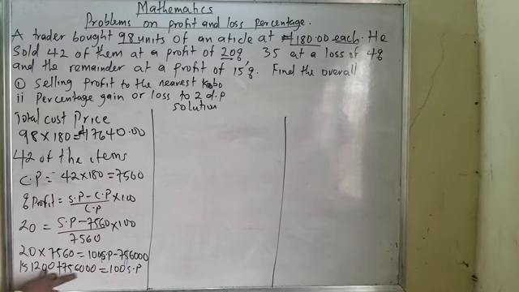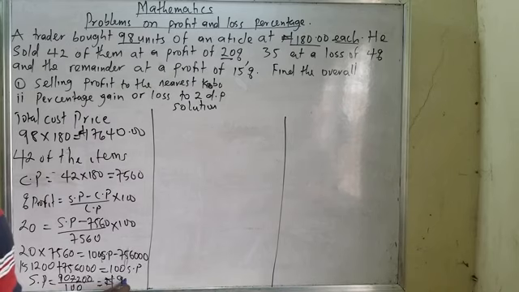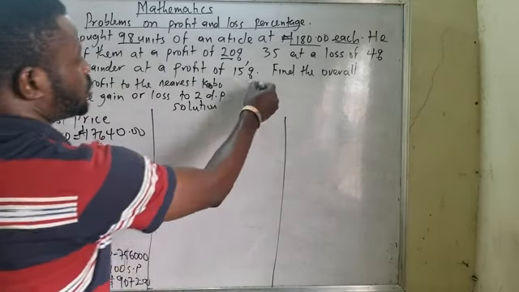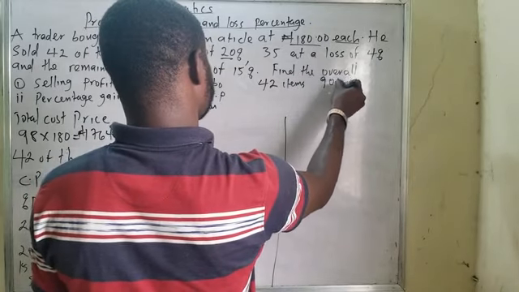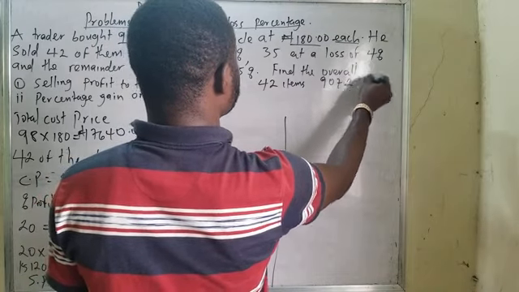Now for this, addition of this will give me 907,200 divided by 100, which gives me my selling price of the first 42 items, equal to 9,072 naira. Okay, that's the first one.